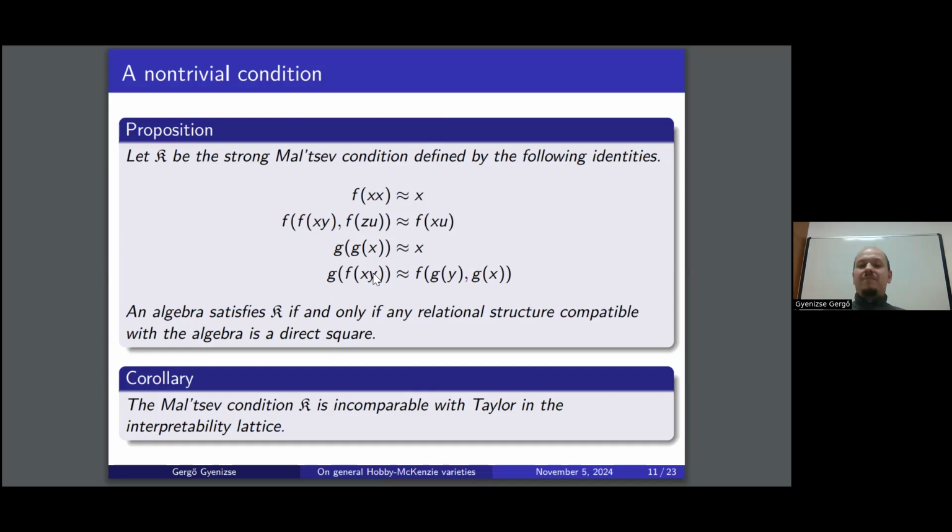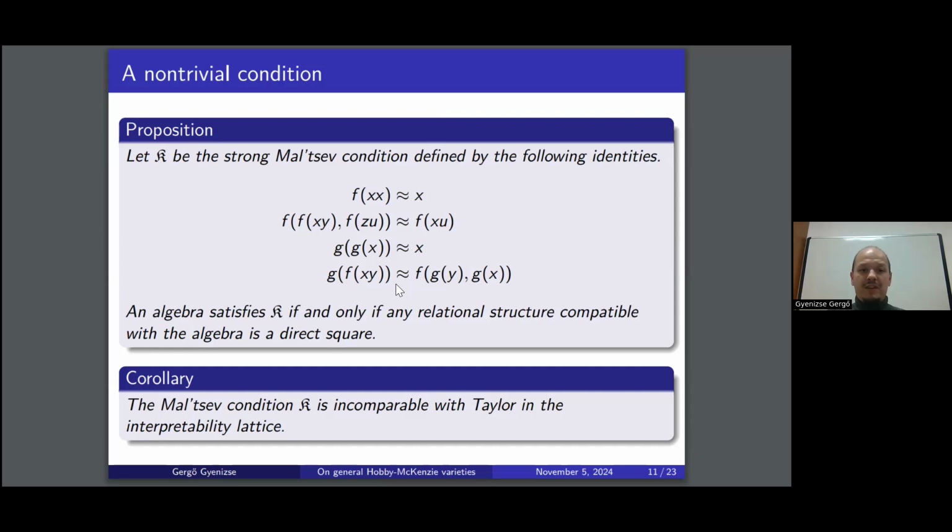It is not that hard to prove that an algebra satisfies this Markov condition if and only if all compatible relational structures of it can be expressed as a direct square of another relational structure. That means that if an algebra satisfies this Markov condition, then the cardinality of any algebra in that variety must be a square number.